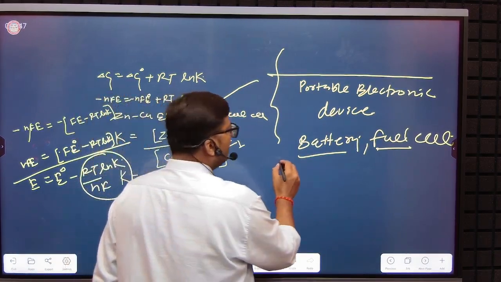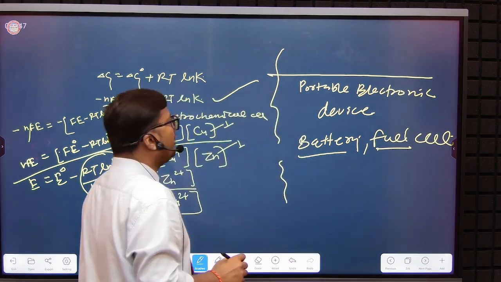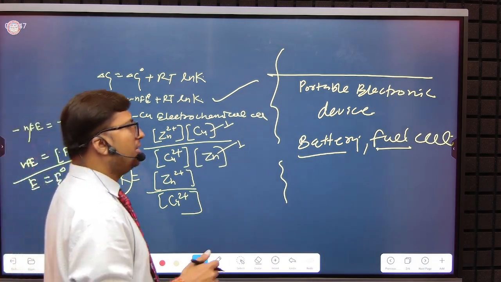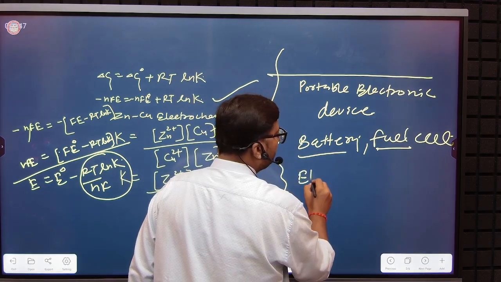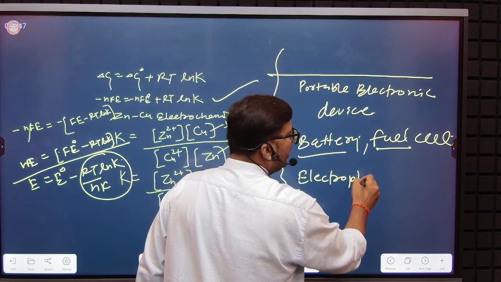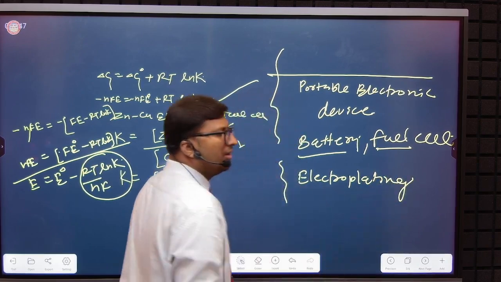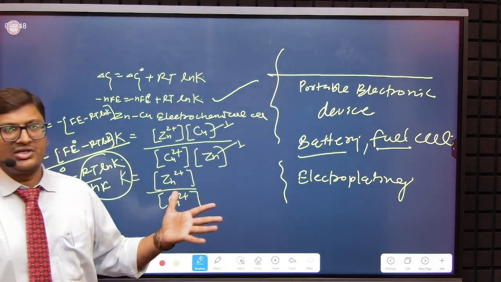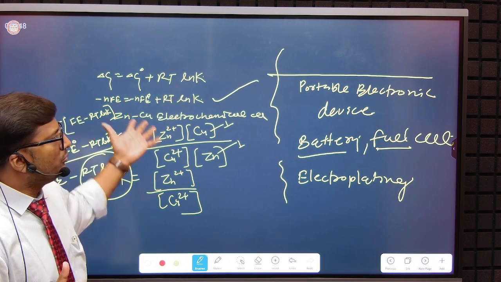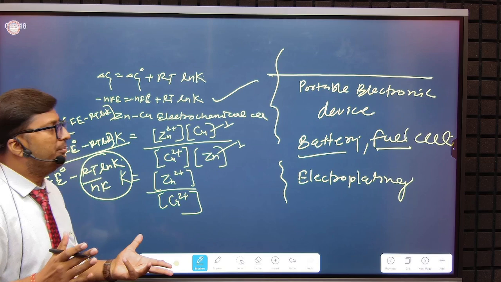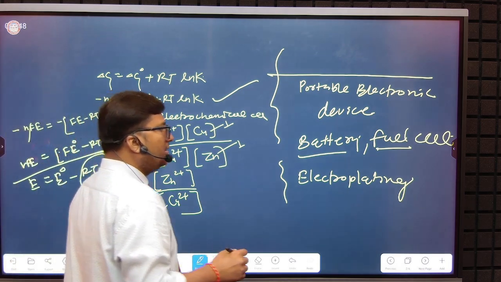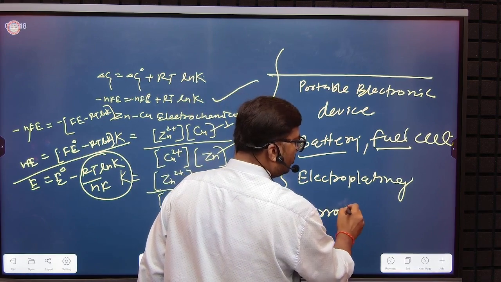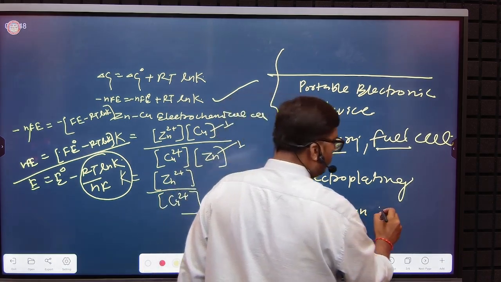And most important, this electrochemical cell setup is used in electroplating. It means if you want to deposit a thin layer on a particular surface, then such electrochemical reactions will be implemented, right? Another one is corrosion protection.